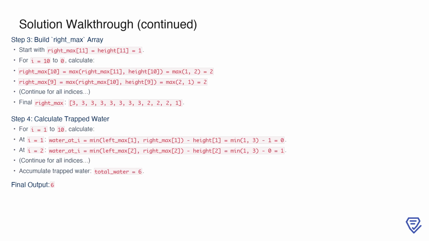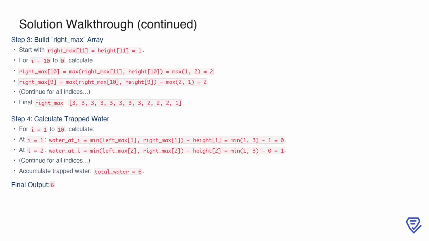Similarly, at index 9, the maximum between right_max[10] and height[9] remains 2. This process continues for all indices, resulting in the final right_max array 3, 3, 3, 3, 3, 3, 3, 3, 2, 2, 2, 1.